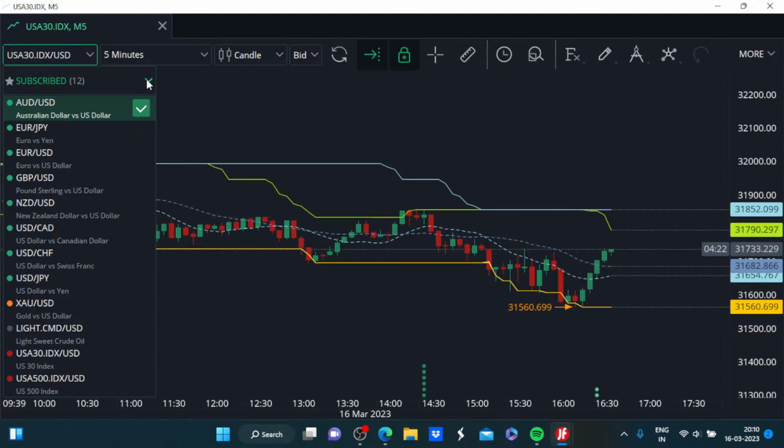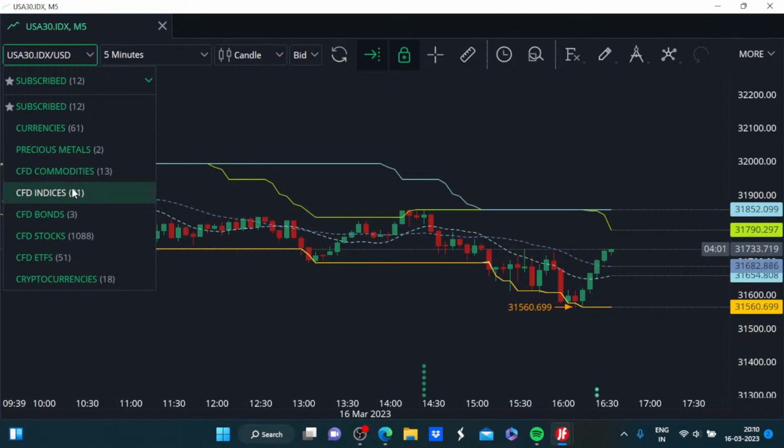Now, before concluding, let us consider the price action for the Nasdaq also. It appears the platform is taking a lot more time. All right, let's consider the indices segment.